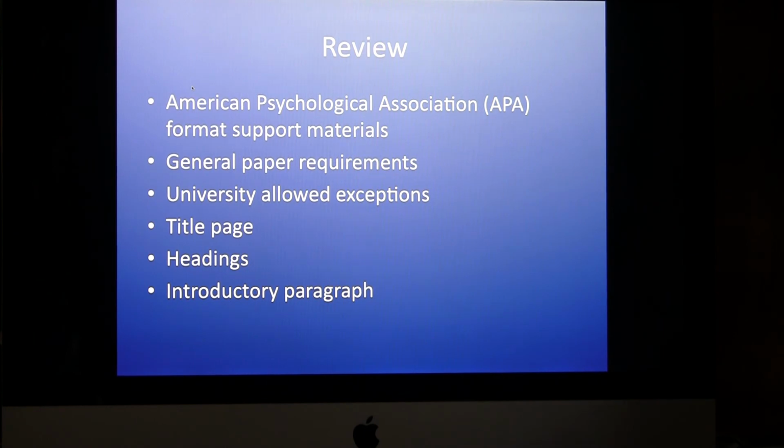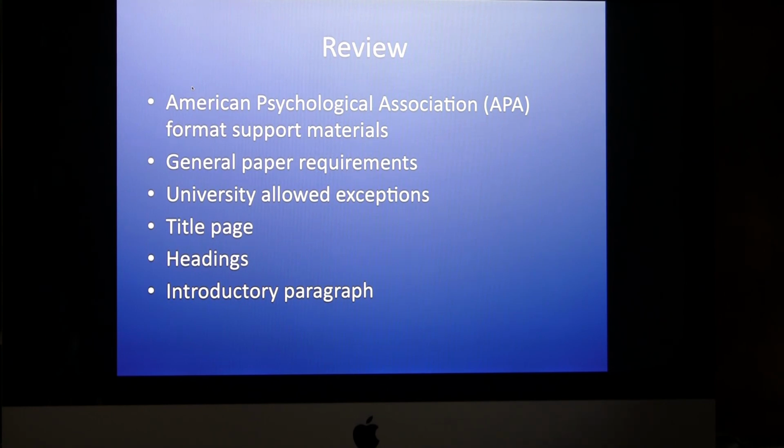So then, here's what we've looked at in this particular video. We've explored the American Psychological Association format support materials, and again, they're listed in the main form. I list them separately each week so you don't have to go back digging through different weeks to try to find them. We talked a little bit about general paper requirements, university allowed exceptions. I showed you an example of the title page.